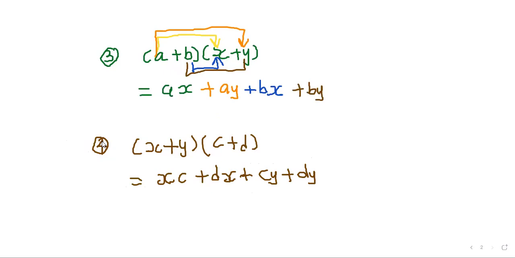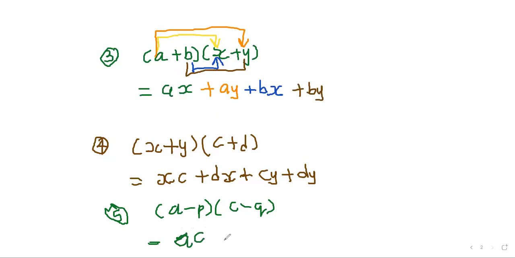Let's do the last one under this, number 5. That's saying (a minus p) as well as (c minus q). Also here we're going to use that concept: a times c will be ac.